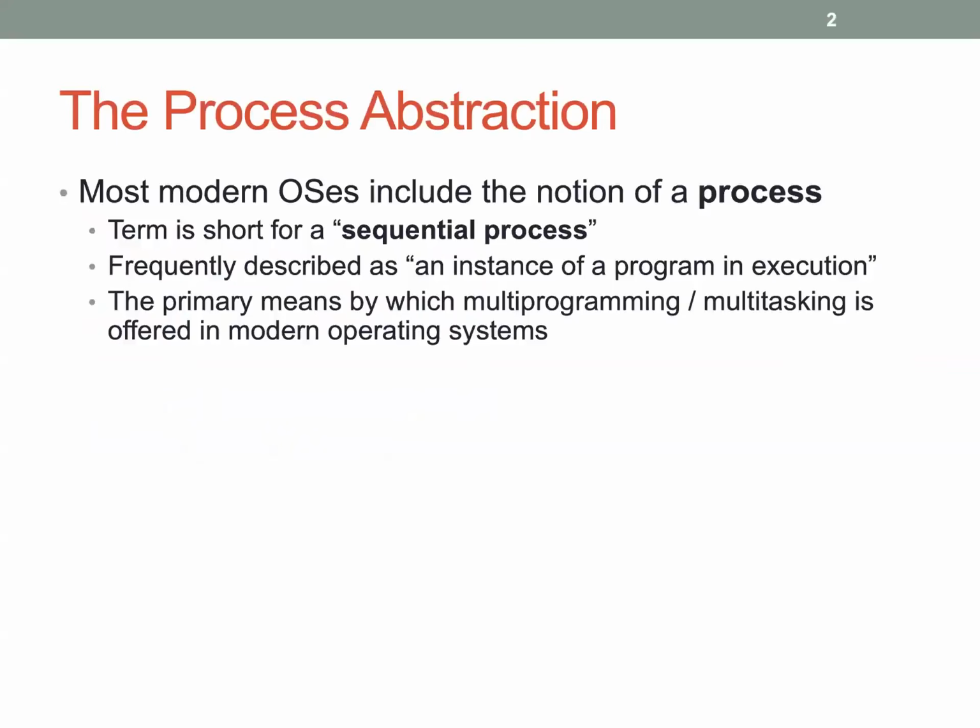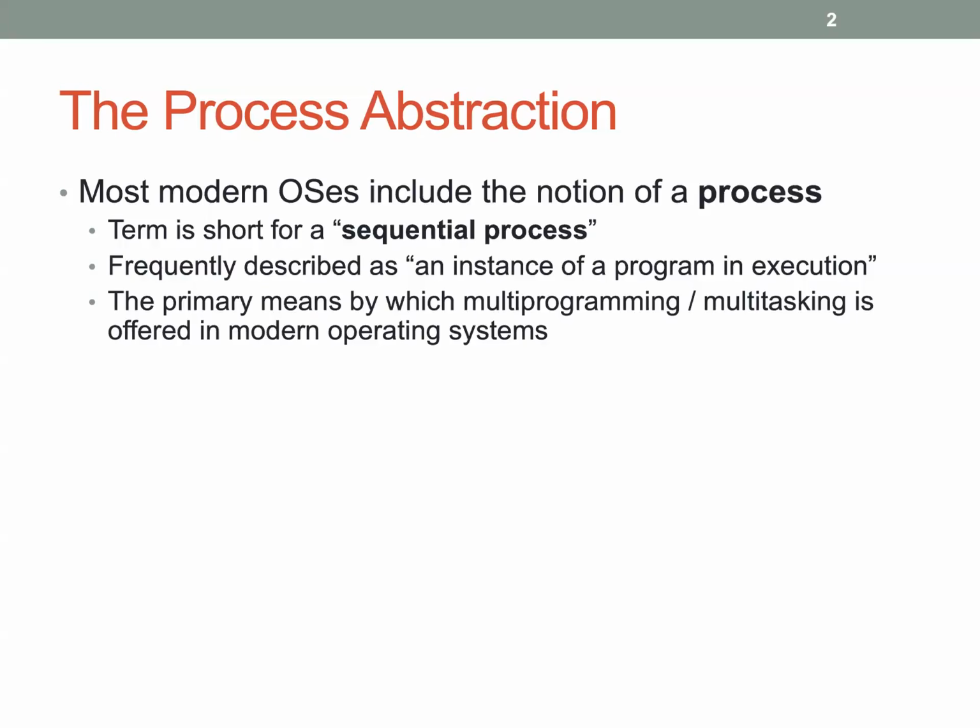But the concept of a process, you've probably heard this term a lot. I hope you have, and I hope you're used to using it. The way that people normally describe this is a process is a program in execution. And I like to think of it as a recipe.